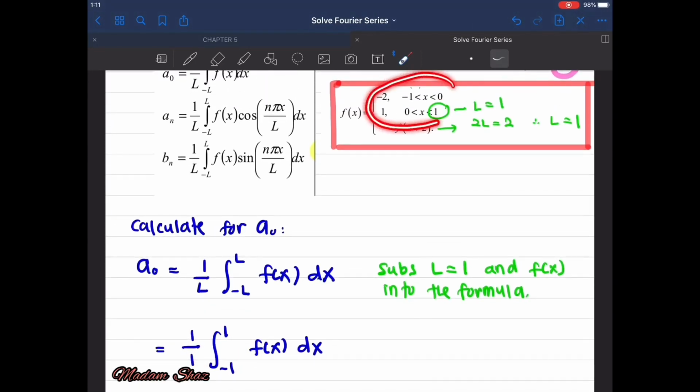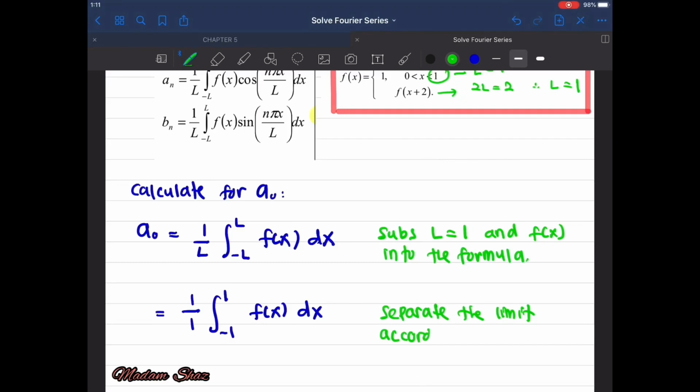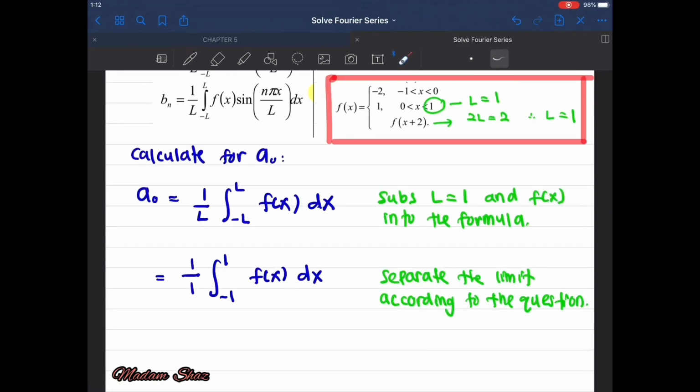But in this function, we have from -1 until 0 and then 0 until 1. So that means we have to separate the limit according to the question. 1 over 1 we can directly ignore because it becomes 1.